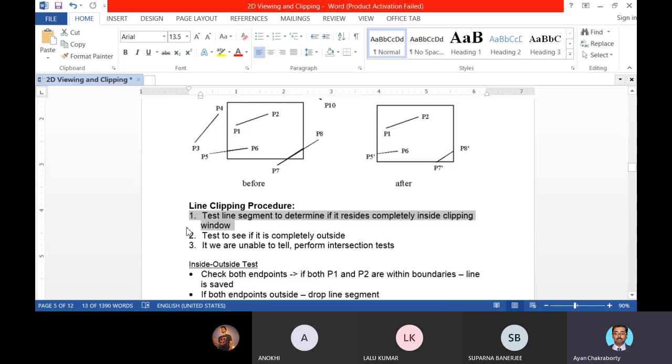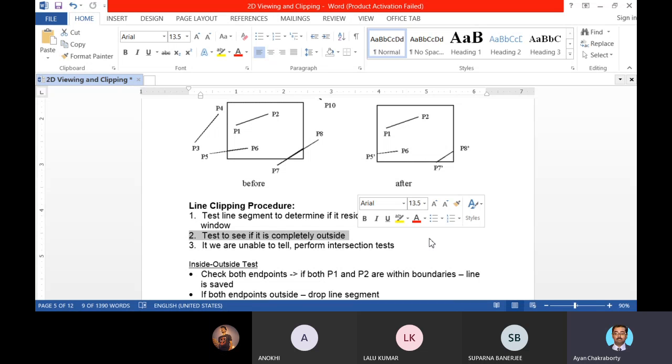Now come to the next point, which I have discussed. If both the endpoints of a straight line are outside the window, then also we can't say that the total straight line is completely invisible, completely outside the window, because some part of this line can pass through the rectangular clipping window, and that portion will be visible to the viewer or will be partially visible.